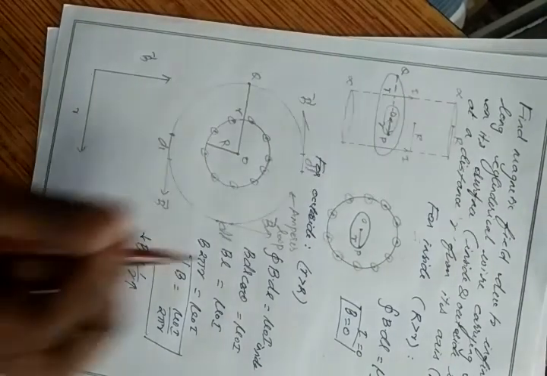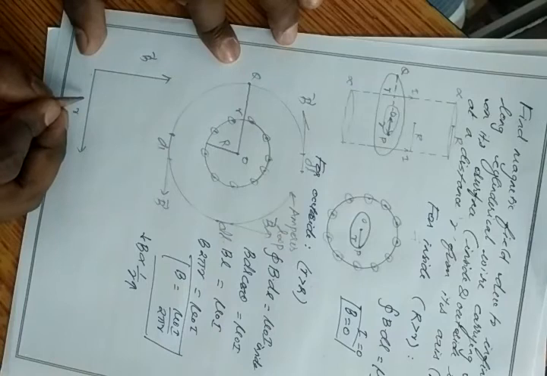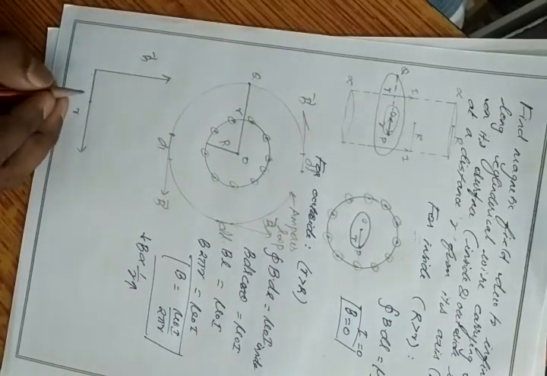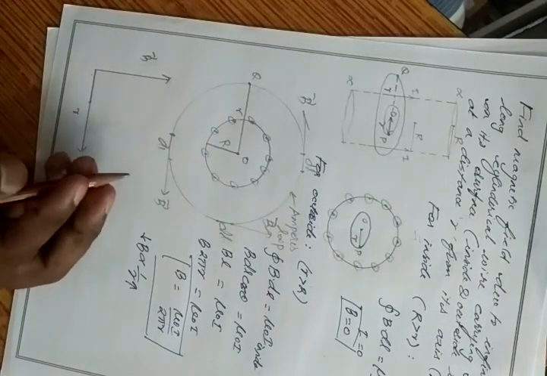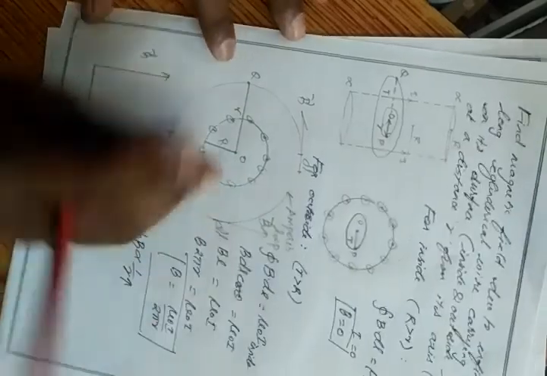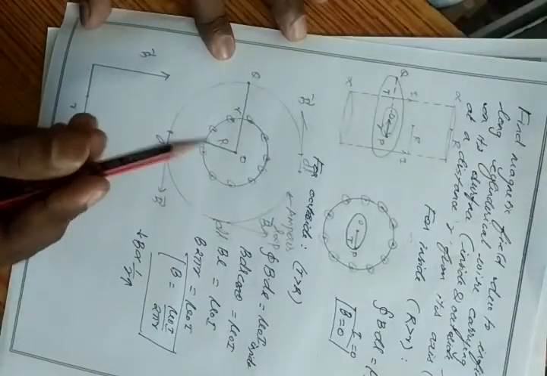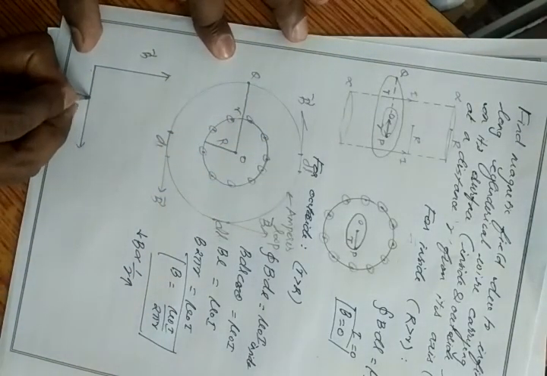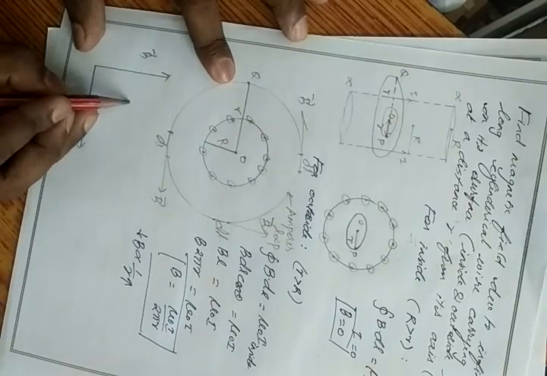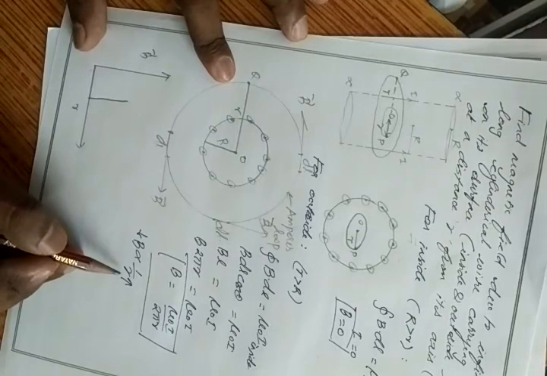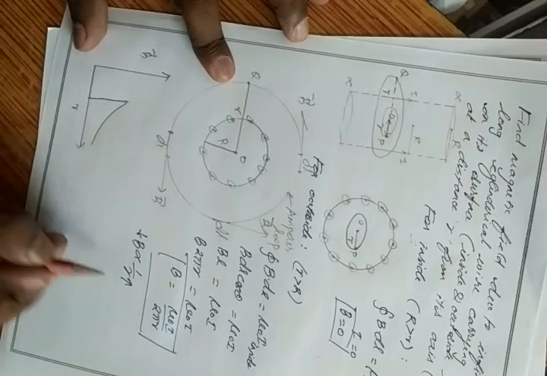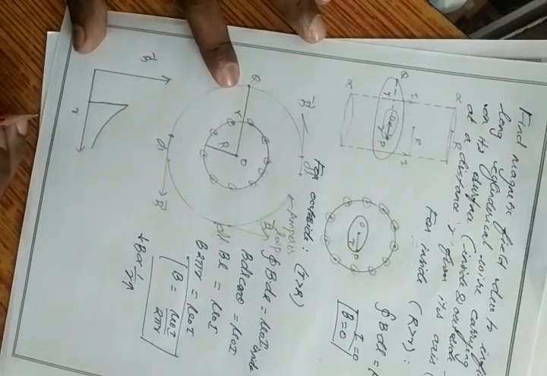Initially, for a certain distance, the magnetic field is 0. Then I increase the distance, and I get the magnetic field because of the cylinder, and its value further decreases as the distance increases.